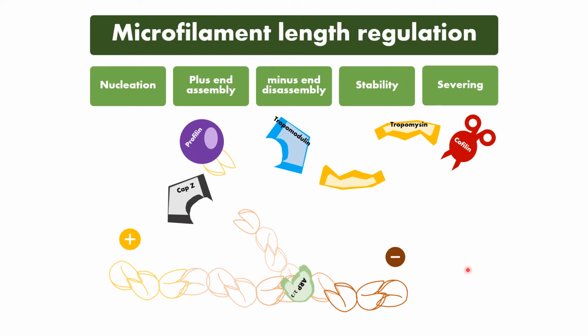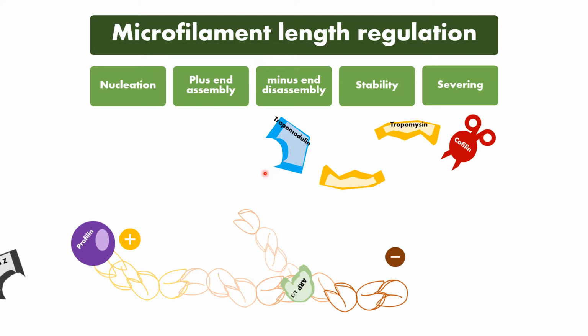There are also what's called plus end assembly proteins, for example profilin, which associates to the plus end and will increase the rate of addition or assembly, and then it will lengthen this filament.